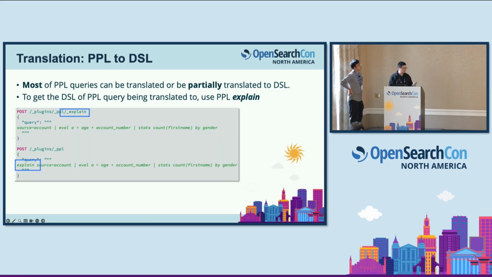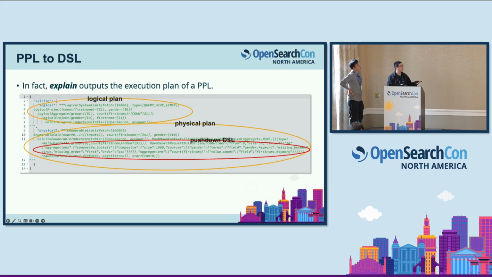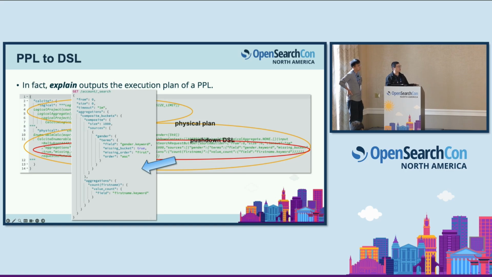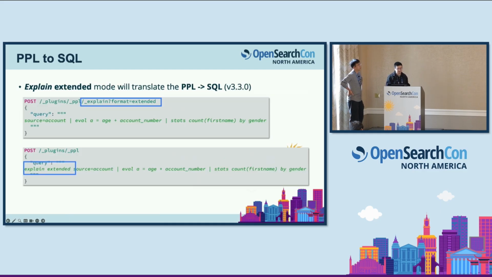It will output the explain node, the execution plan of the PPL. There is a logical plan and a physical plan. In the physical plan, there is a DSL inside. So we can copy it out and format it as JSON. So that's the DSL. This tool can help you understand the difference between the PPL and the DSL.